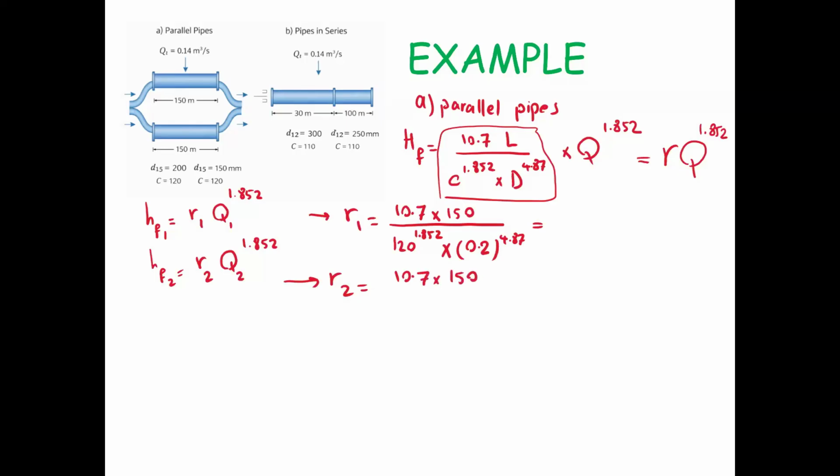For R2, I have the same length, and C is the same. I remember that the diameter was not the same. I'm going to double check the numbers. Seems correct to me.